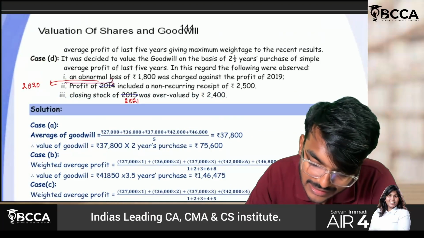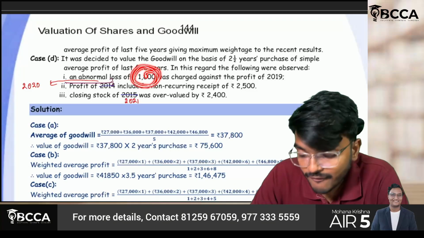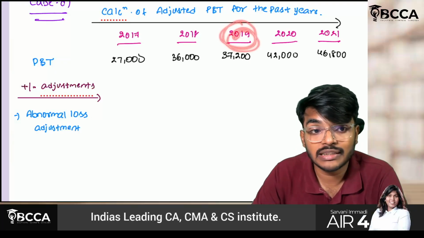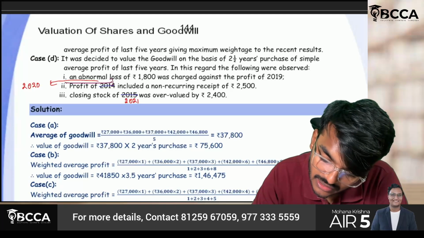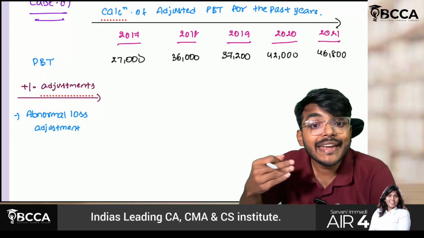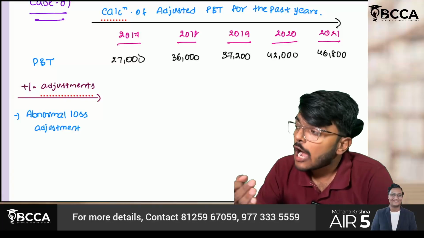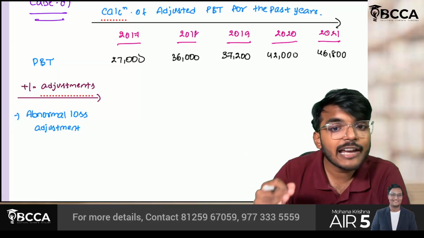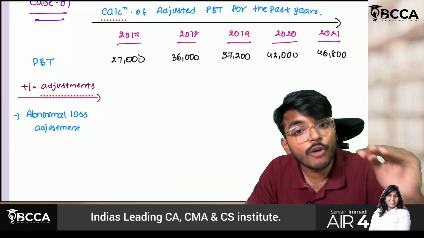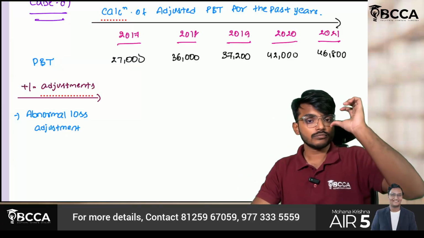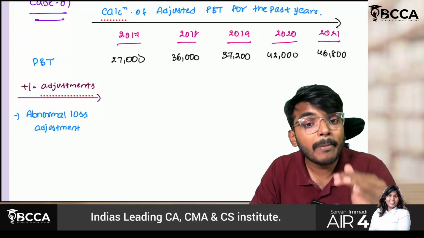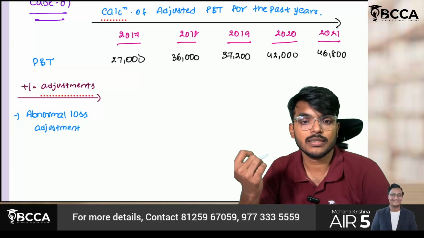Think what we have to do. Sir, this abnormal loss of 1800 rupees was included in the profit of 2019. This 2019 abnormal loss of how much, sir? 1800 is already adjusted. But we have to calculate future maintainable profits, which means how much profit will be maintained in the future. I will be only including those items which are essential for calculating the profits to be maintained in the future. But some abnormal event happened in 2019 because of which my profit is reduced by 1800 rupees.